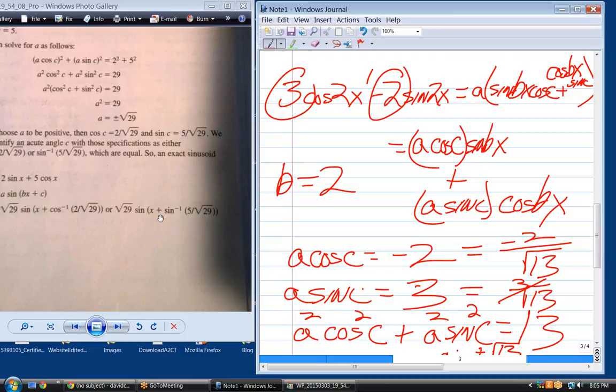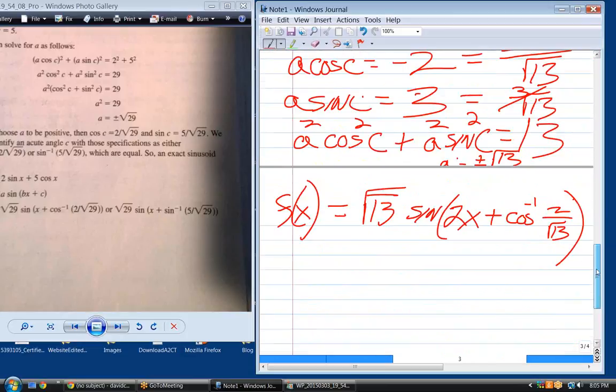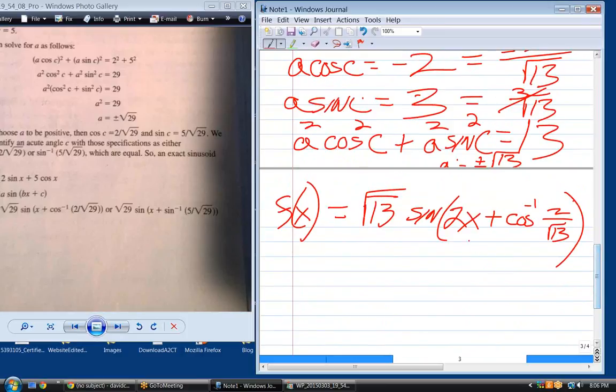Do you see what's going on here? Do you understand it? Kind of. I can start from the top and work through it and make sure we get the exact numbers correct. Well, this has to be square root of 13, because when you take A cosine C and A sine C and square them both, one is a 2 and the other is a 3.